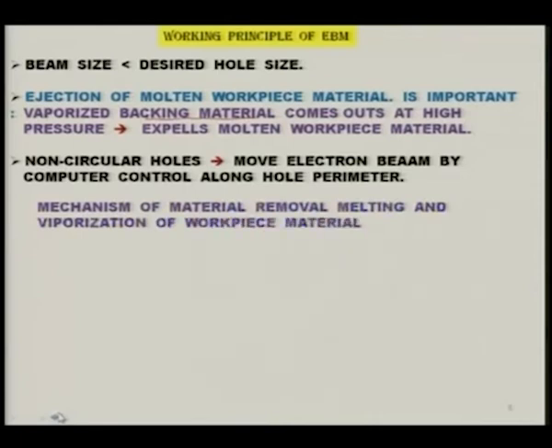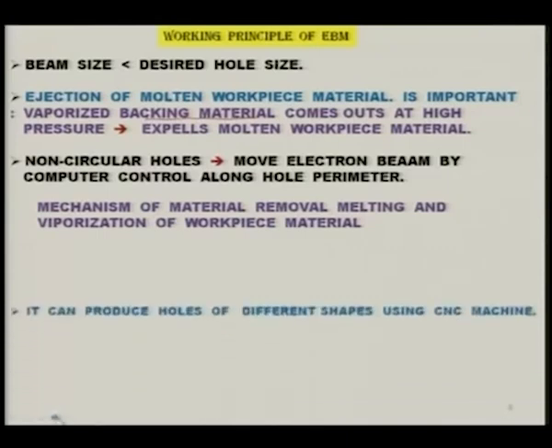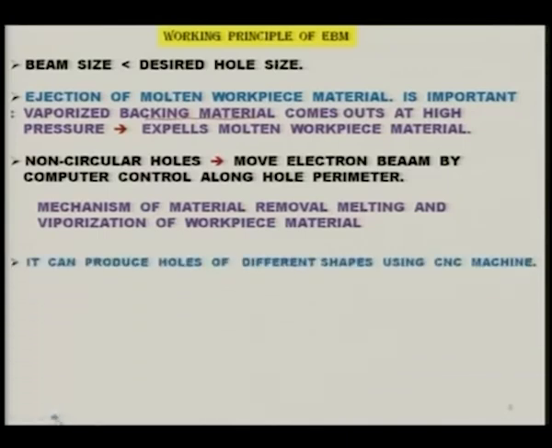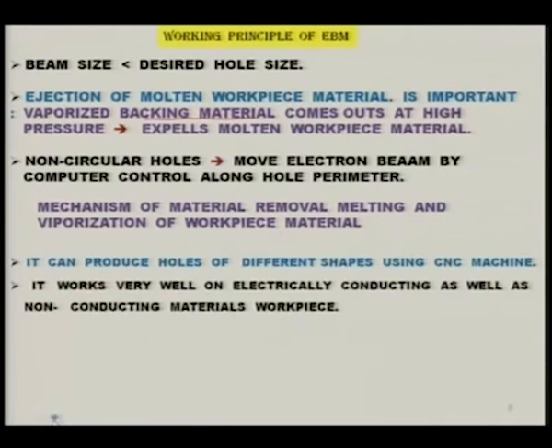The mechanism of material removal is definitely melting and vaporization of the workpiece material, as I have already mentioned. EBM can produce holes of different shapes using a CNC machine, as I have explained. It works very well on electrically conducting as well as electrically non-conducting material, which I mentioned in the earlier slide.